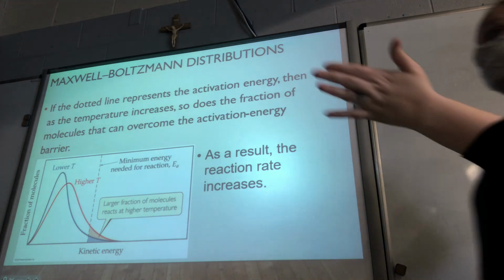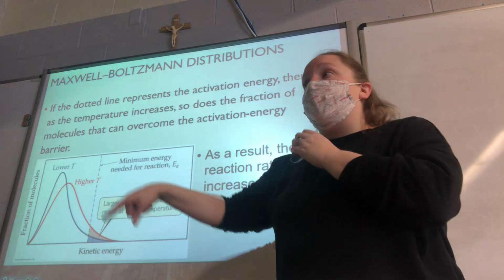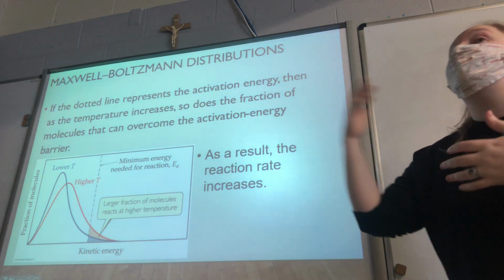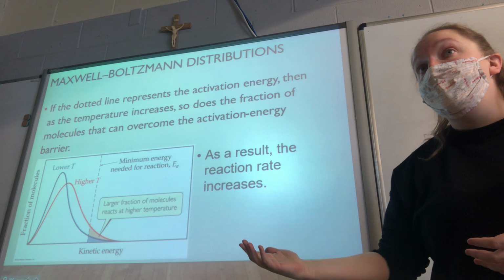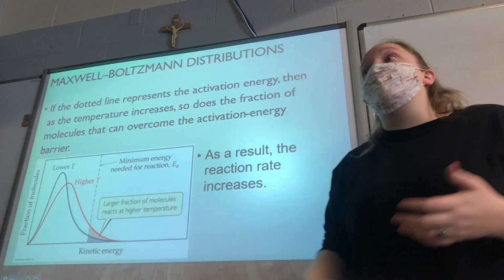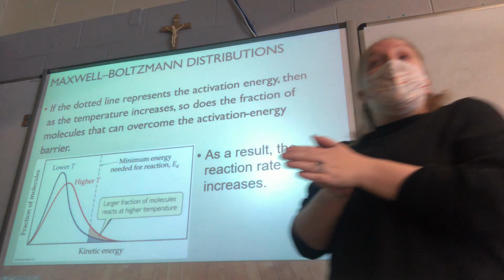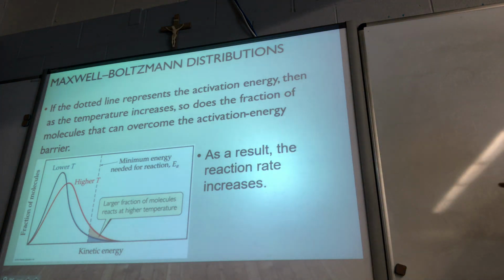Even if the collisions are not the right ones, like we saw in that first diagram, we're still seeing a higher number of collisions overall. So more collisions means it's more likely that things are going to collide correctly and that the reaction will happen quickly, because everything just moves faster.